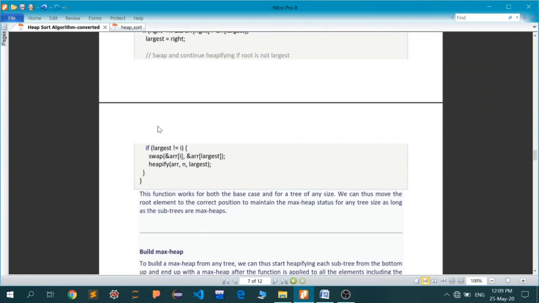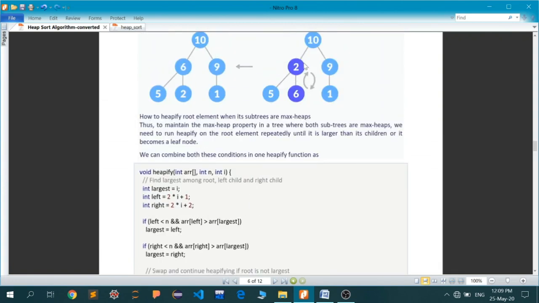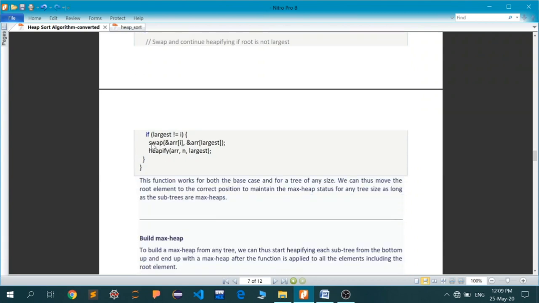The last part of your heapify function is: if the largest is not equal to I, that is, we have found out that the root node is not actually the largest node, and as you can see, we want our parent to be larger than its children. So in that case, we have to use a function called swap, a very simple function.